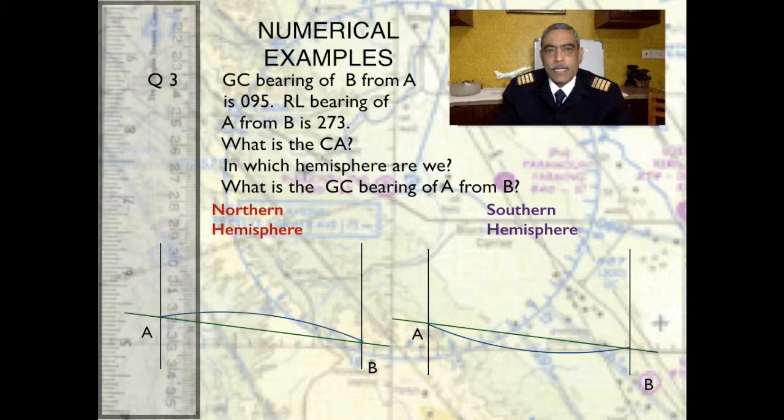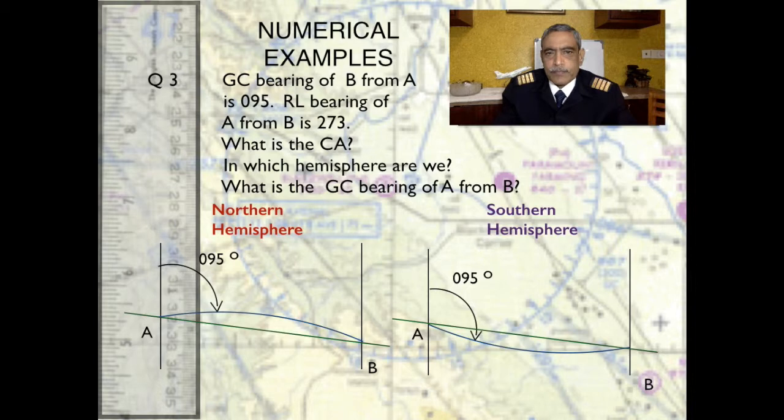Now we know that the great circle bearing of B from A is 095, which I have depicted in both the diagrams, in the northern hemisphere diagram touching the curved line to the north, and in the second picture touching the curved line to the south.